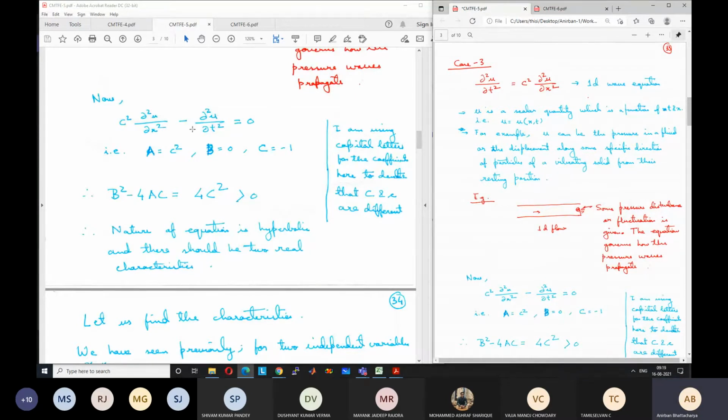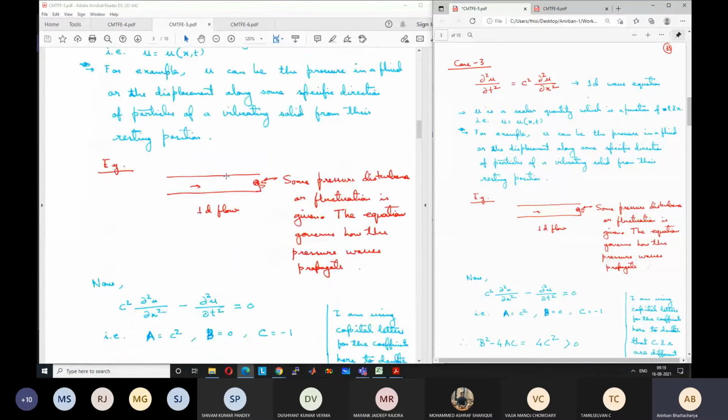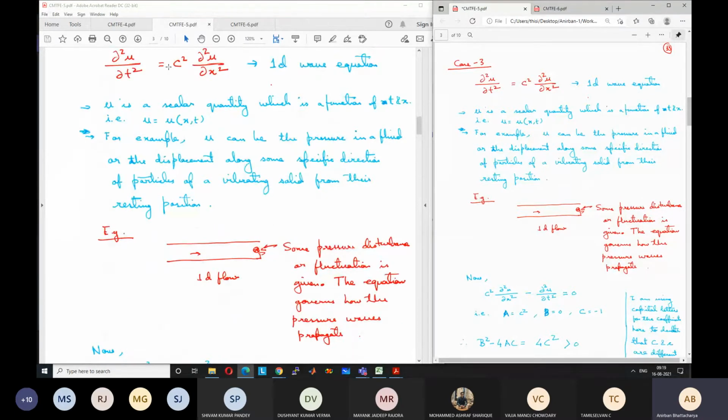So in this case, using our analogy for classification, A is equal to c square, B is equal to 0 since there is no mixed derivative, and C is -1. We derived this with small a, b and c, but here I am using capital letters to distinguish from this small c, which is the speed of sound.